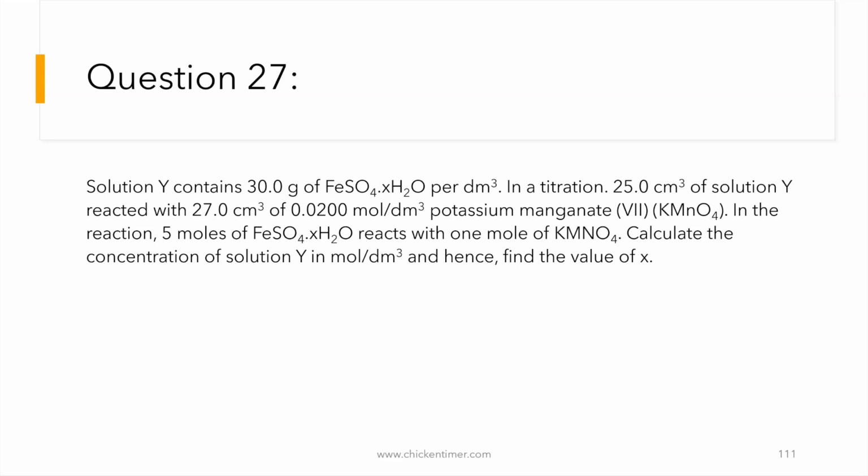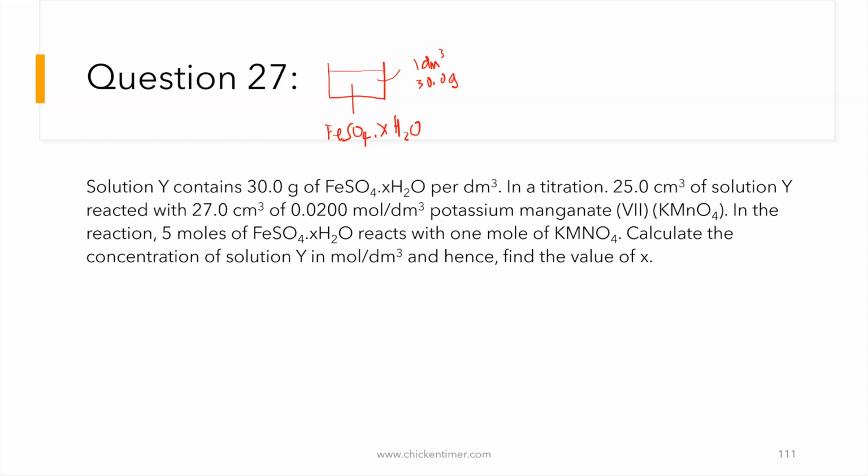So the story goes, I have a solution here called FeSO4·XH2O. The XH2O is called the water of crystallization. In 1 dm cube of this solution, there is 30.0 grams of that iron sulfate.